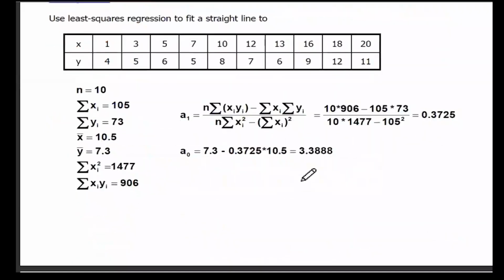Okay, last kita tengok this example. So soalan dia boleh bagi macam ni lah. Bagi soalan bagi nilai X dengan Y. So dia kata use least square regression to fit a straight line to this value. So X semestinya dalam incremental, kat sini dia naik 1, 3, 5, 7, 10, 12, 13, 16, 18, 20.